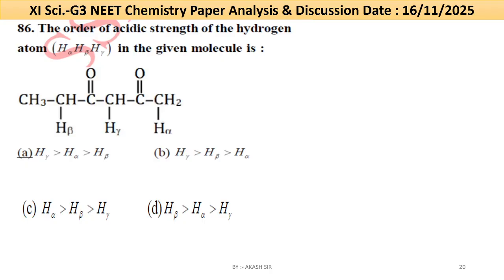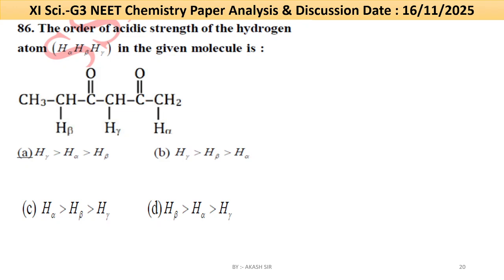First, let's learn about the factors affecting acidic character. The acidic strength of a hydrogen atom in an organic molecule is influenced by the stability of the conjugate base formed after the removal of the hydrogen. A more stable conjugate base corresponds to more acidic character.